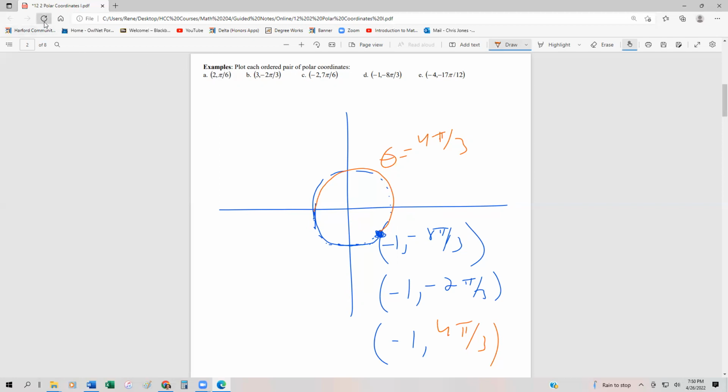Now, finally, this last one that we have is negative 4 and negative 17 pi twelfths. 17 pi twelfths is a little bit bigger than pi, but it's not as big as 3 pi halves. So we would go back 4, and negative 17 pi twelfths would go this way.